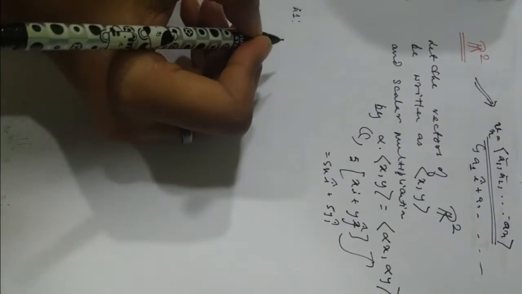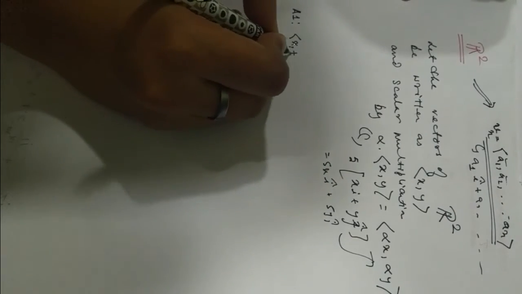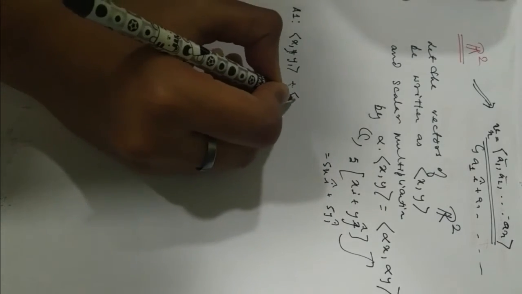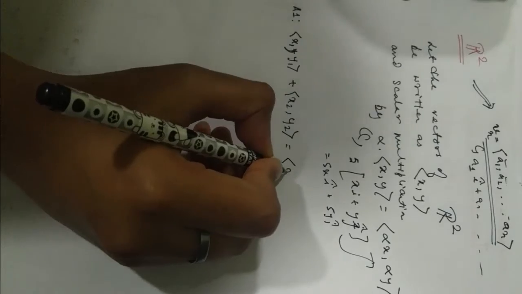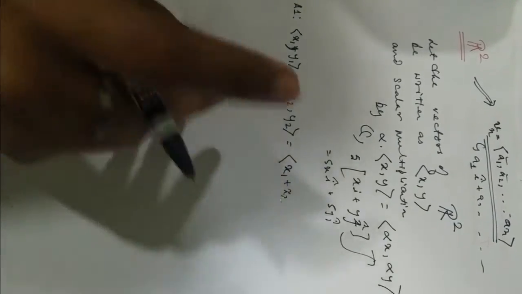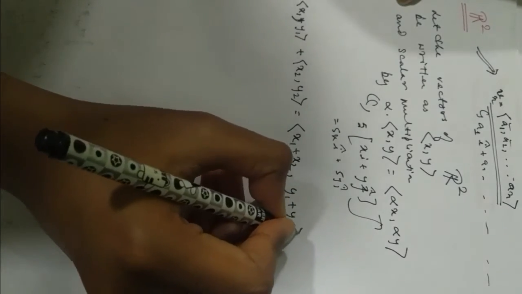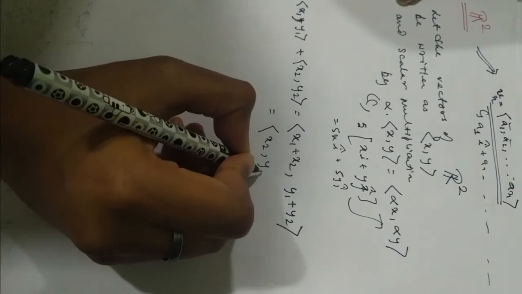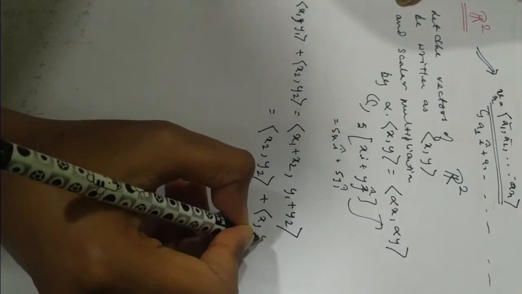The first axiom is they need to commute, right? So there is nothing to prove over here. We know that (x1, y1) plus (x2, y2) commute, because this is nothing but (x1 plus x2, y1 plus y2), and it is nothing but (x2, y2) plus (x1, y1), right?